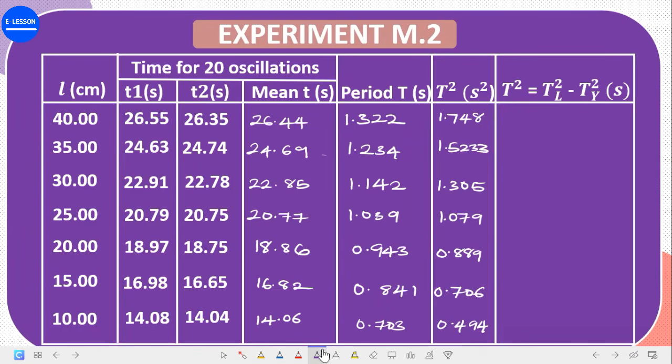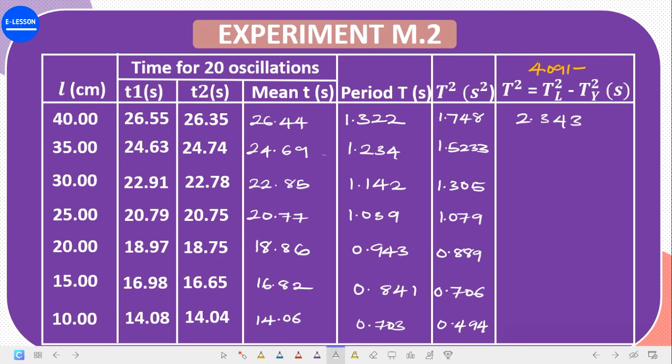Come here and place it anywhere around here. So we are going to say 4.091 minus any of the values you have here. This value here is what is called the ty square. So 4.091 minus each of the values here will give you this column. So let's go. This will be 4.091 minus 1.748, which gave 2.343.